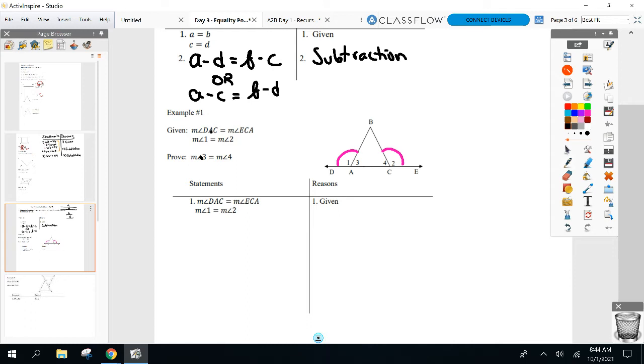How many pairs do you need to subtract? 2. How many did I give you? 2. So can we subtract right away in step 2? Okay, let's see. Angle DAC minus which angle? 1 is equal to, what's the other straight angle?